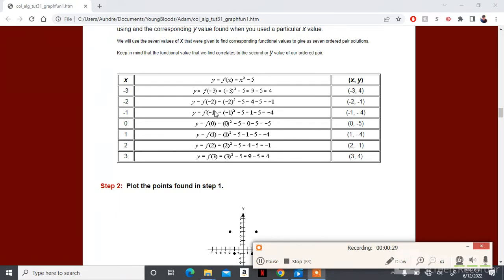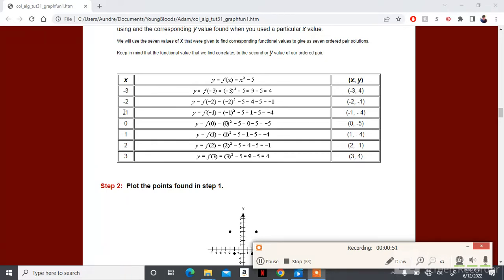And bring over the negative 5: 4 minus 5 equals negative 1. And negative 1 is our y. We use the x of negative 2 to get negative 1.